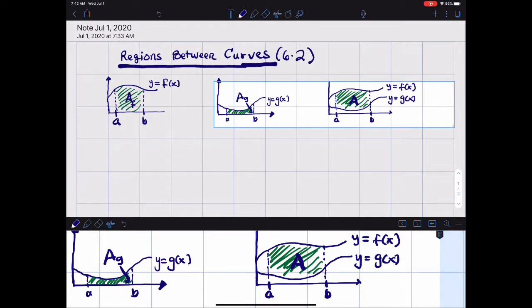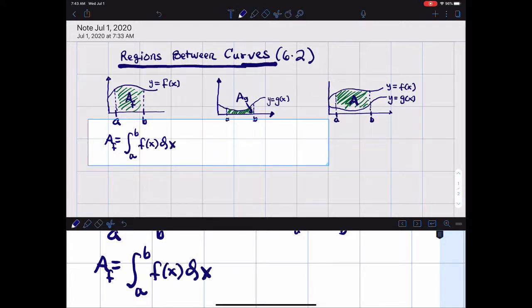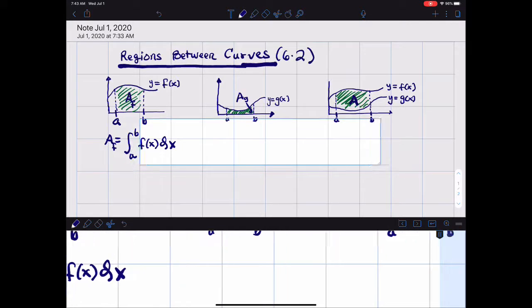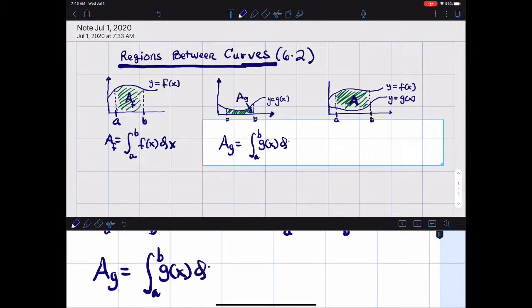Now visually, we can make some conclusions. First of all, let's think back to Calc 1. A F can be calculated as the integral from A to B of f of x dx. A G can be calculated as the integral from A to B of g of x dx.